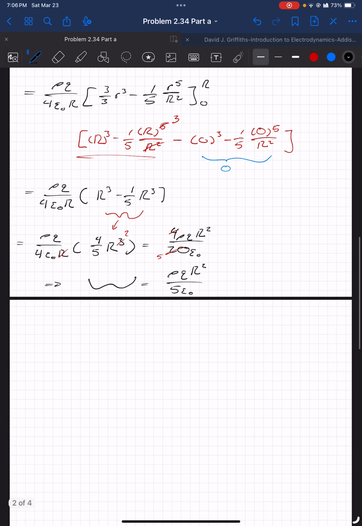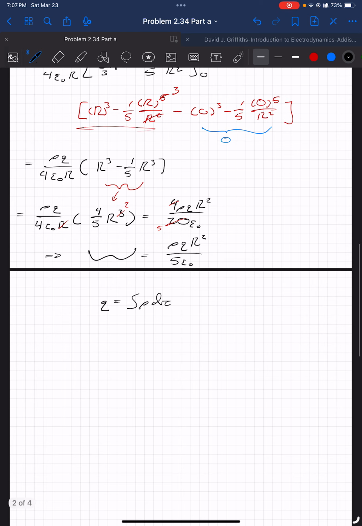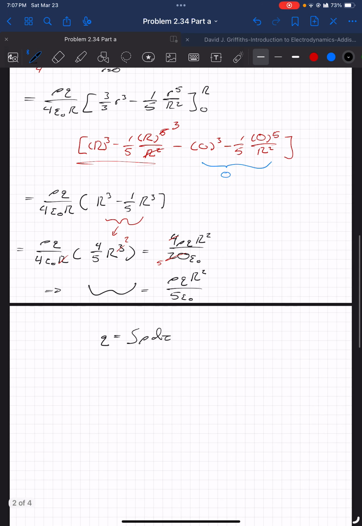So Q is equal to the integral of rho d tau, because it's spread throughout the system of the sphere. And thanks to the fact that it's continuous at the sphere, we need to integrate it over the sphere's volume.